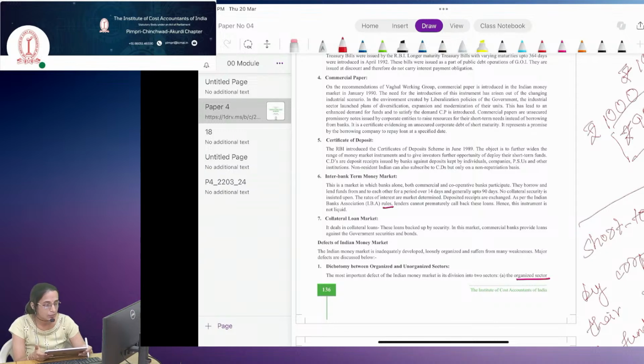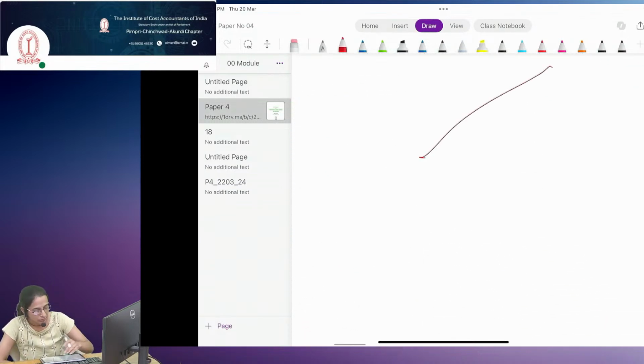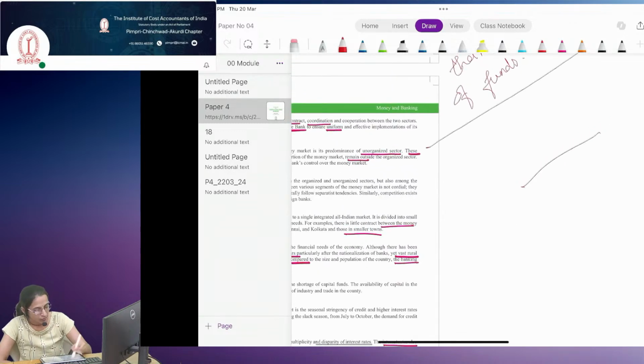So, the interbank term money market. See, again, interbank term money market means what? Borrowing in the money market takes place for a short duration. Short duration, right? And interbank means what?